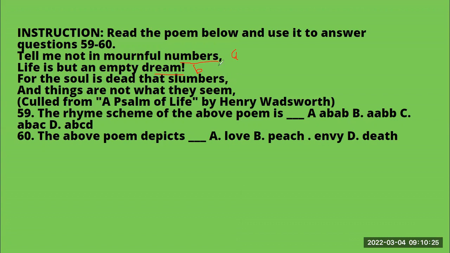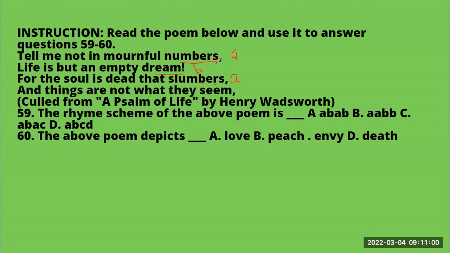So anyone that is similar to the one we have already given an alphabet, then we use the same alphabet. So this is A because it rhymes with this one. Numbers and slumbers are rhymes. So that's why we use the same alphabet to represent each.